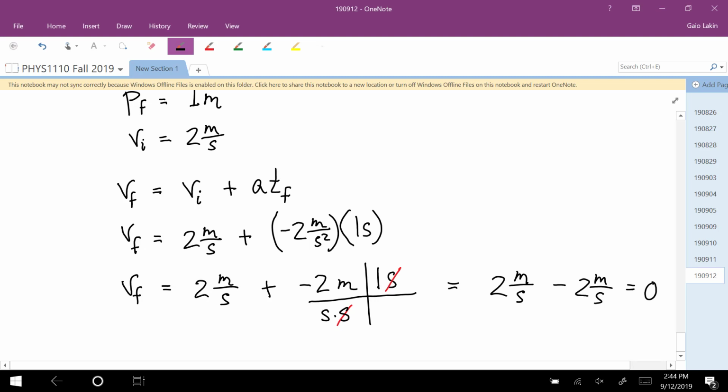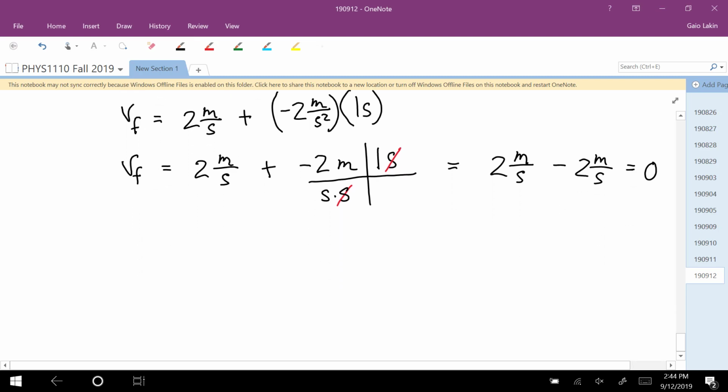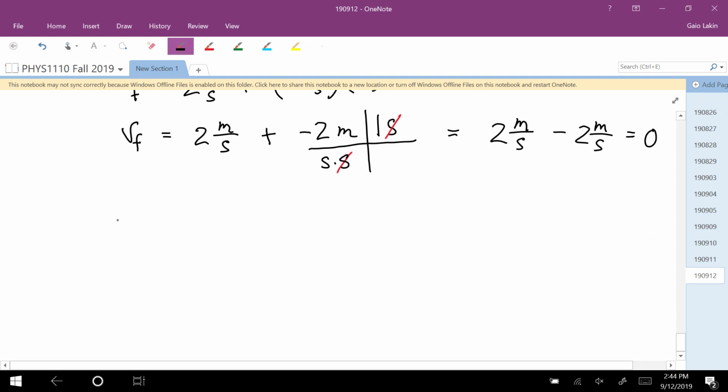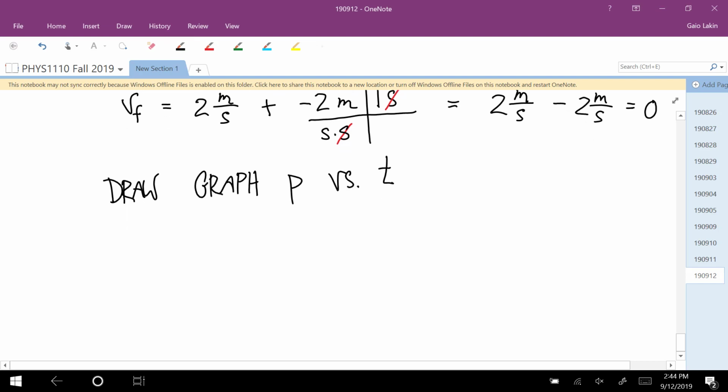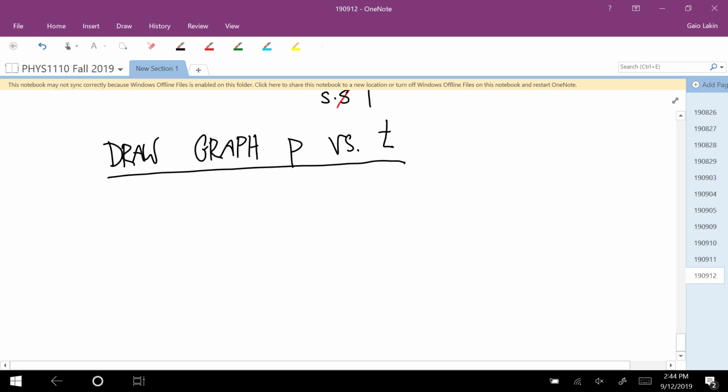All right, let's try to do something with this. Let's try to draw a graph of position versus time, the way we did this stuff in lab. Okay, so positions on the y-axis, times on the horizontal axis.